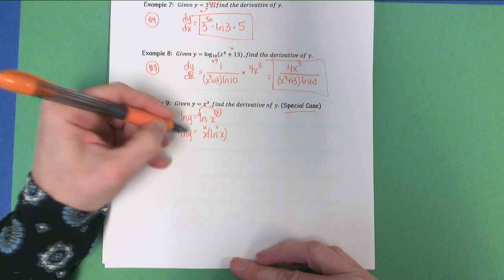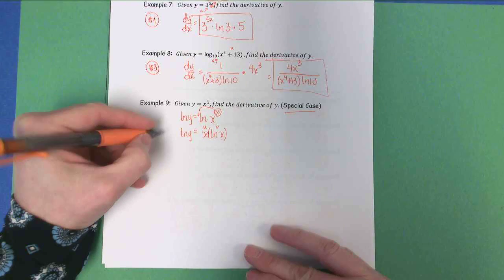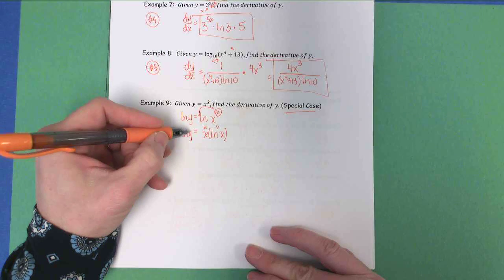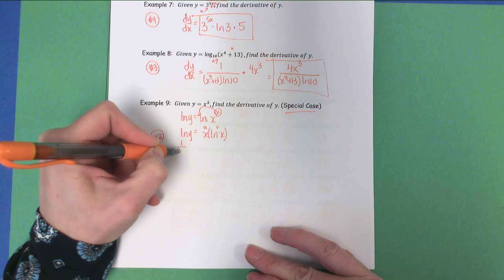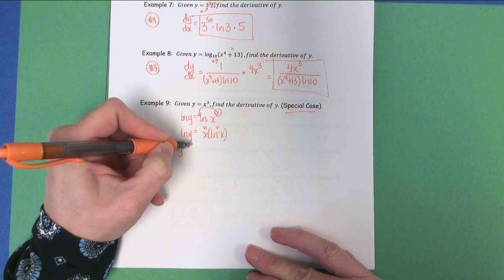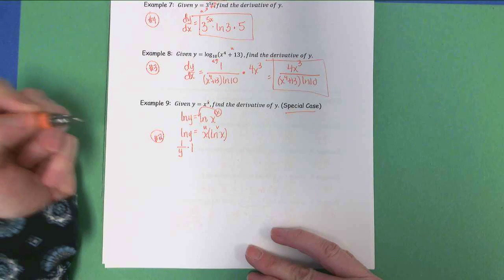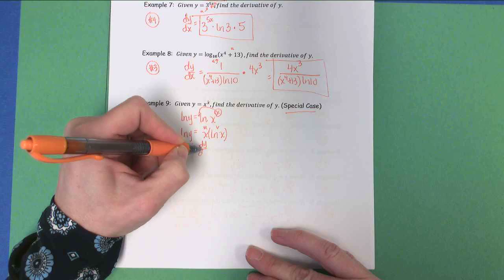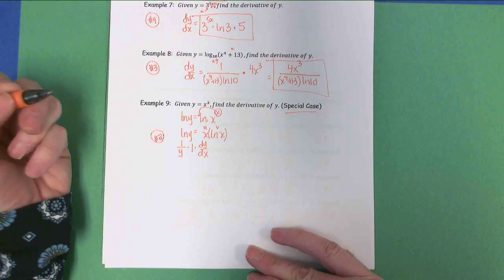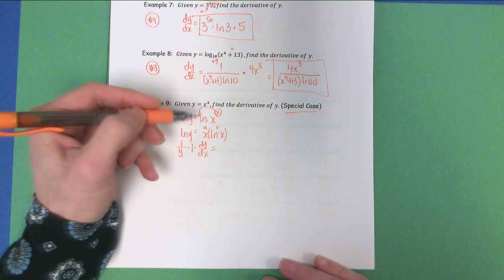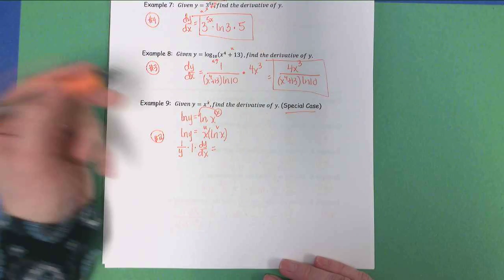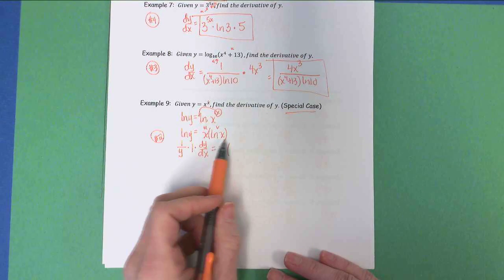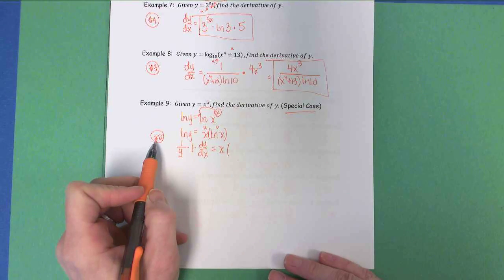On this side, the derivative of the ln of y, now we have to think back on the front page to formula number 2. The derivative of the ln of u is 1 over u times the derivative of u. The derivative of y is 1, but since we're implicitly differentiating, we also tack on dy dx equals. Here we're going to use the product rule. First times derivative of second. This is also formula number 2 from the front page.